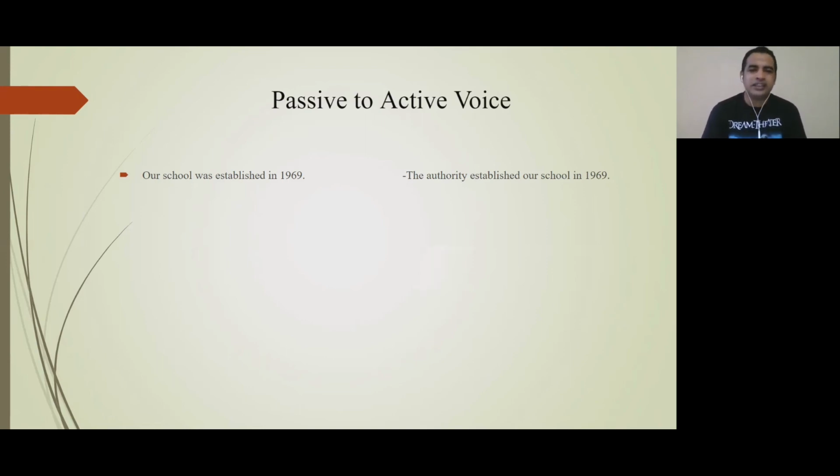So we have to take a subject fitted to the situation. Let's go to that. Our school was established in 1961. It's passive voice. So in active voice, it will be: the authority established our school in 1961. How well the authority comes, because it's very congenial for the situation. So that's why we take the authority.